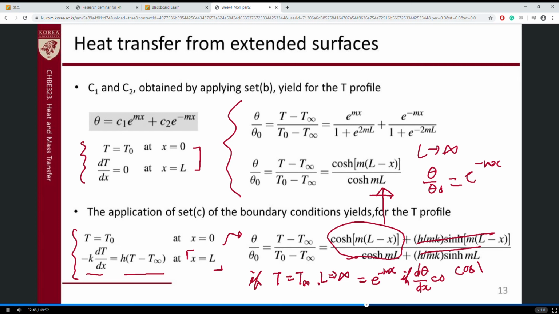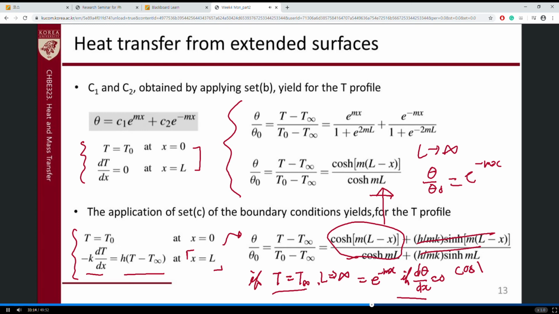This looks quite confusing because under some conditions the solutions are the same, which means that if L goes to infinity, under some conditions, all the situations can be the same, right? But you don't have to memorize the equation.